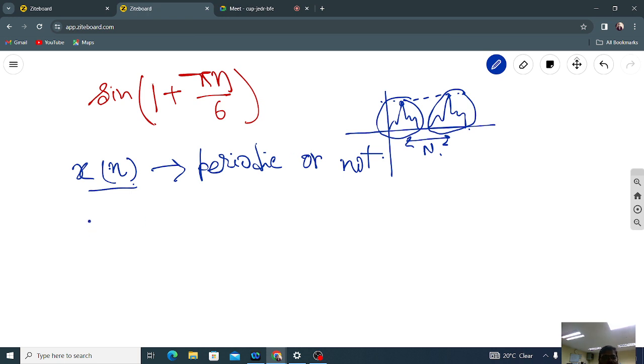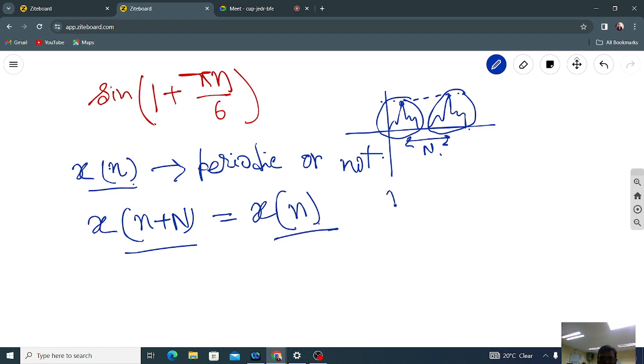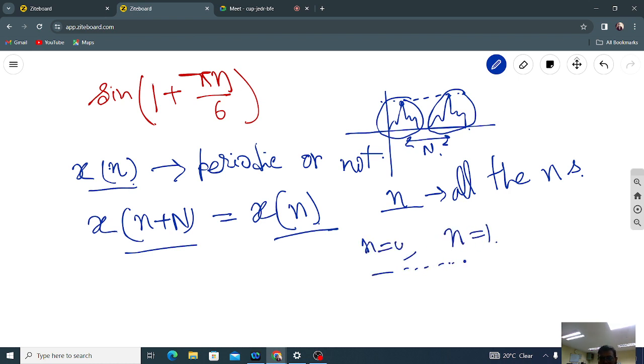So suppose we take a value n plus N, and what will be the outcome? It should be x of n, and this should be valid for all the n's. It should not be for a particular n equal to 0 or n equal to 1, rather it will be for all the n values.